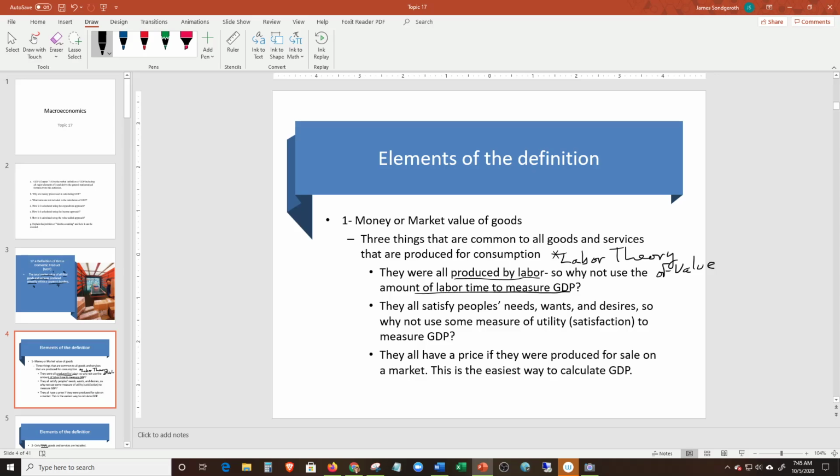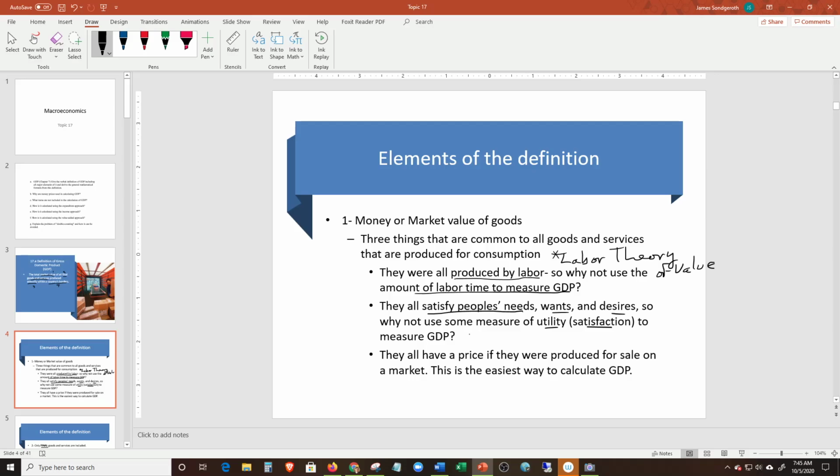And then, since all of these things have been produced to satisfy people's needs, wants, and desires, why not use utility? That is satisfaction, the amount of satisfaction that they produce in people. So we could state the GDP on some basis of the total amount of satisfaction generated when consuming the goods and services.